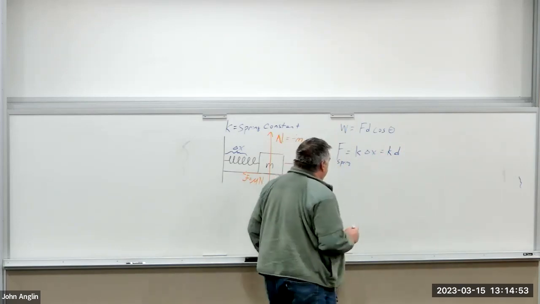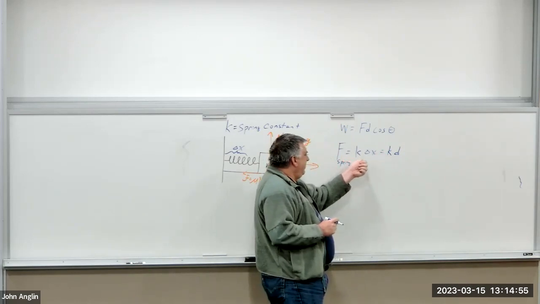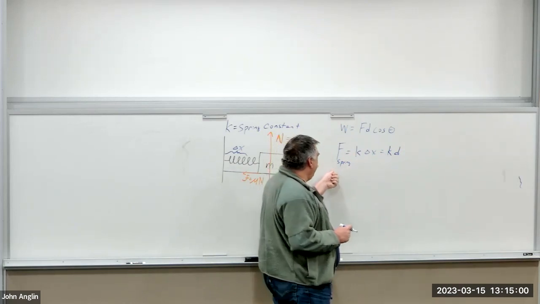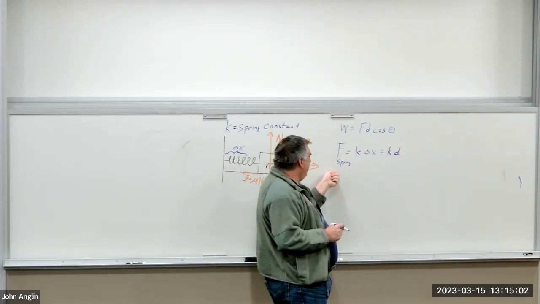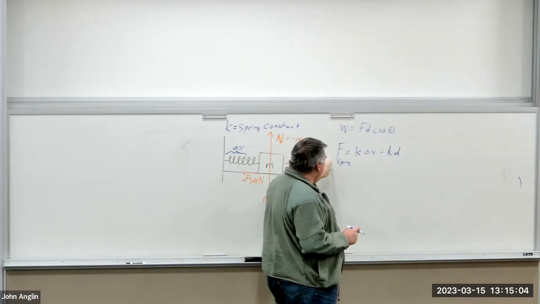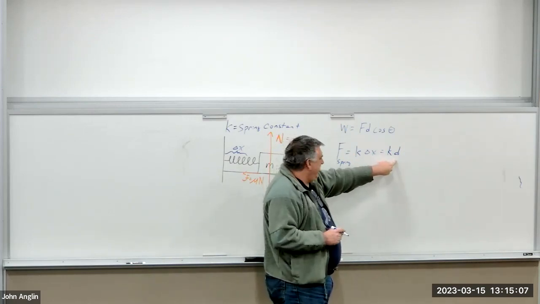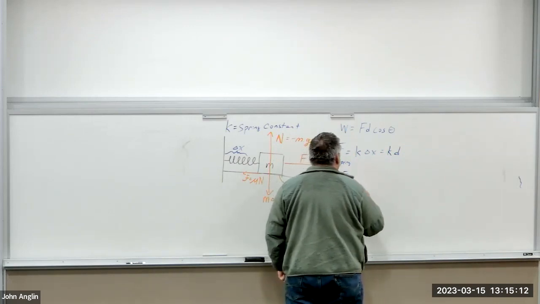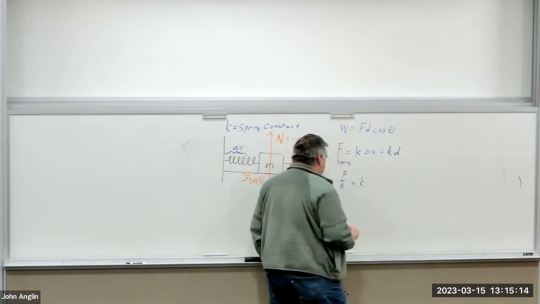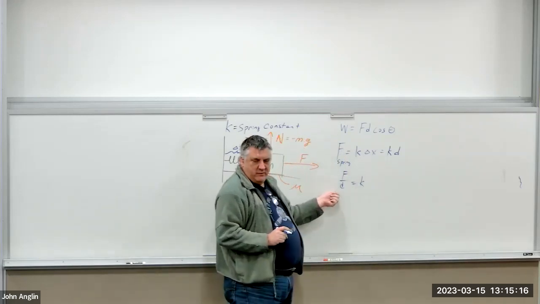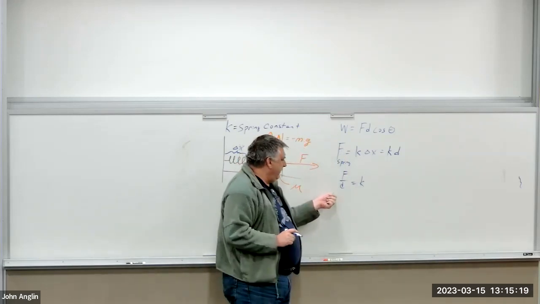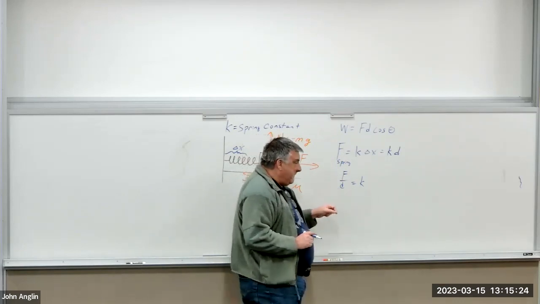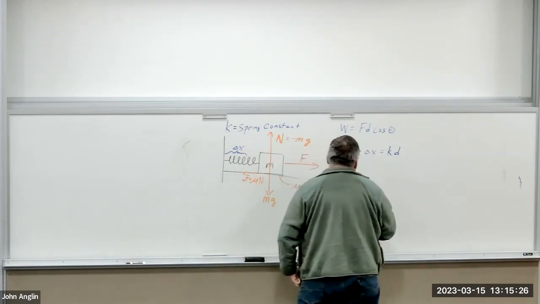So what we'd like to do is make something on the right-hand side look like F D. We already have an F. So if we divide through by D, we get F over D is just K. So that's not really what we want. So we have to take the inverse of D to make that work.